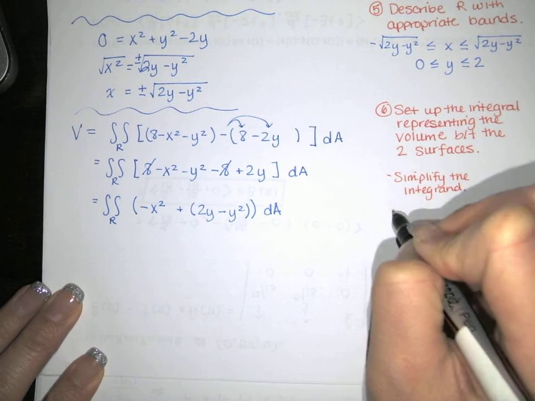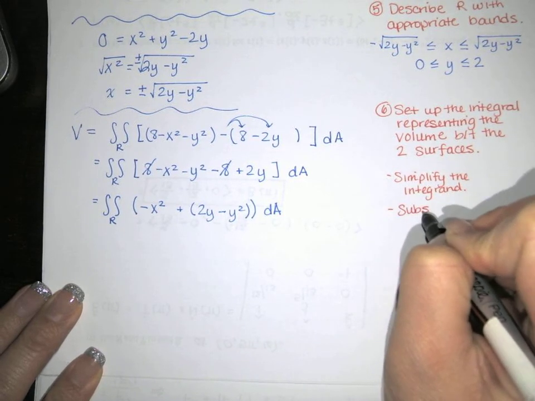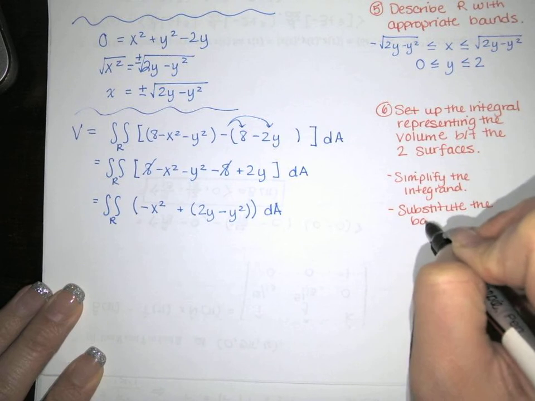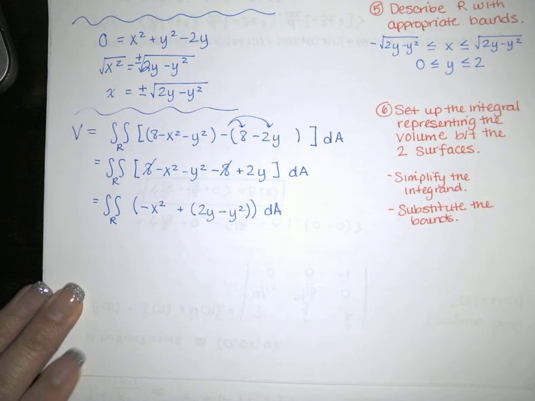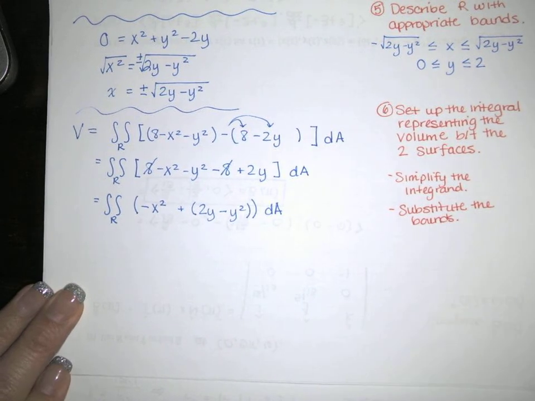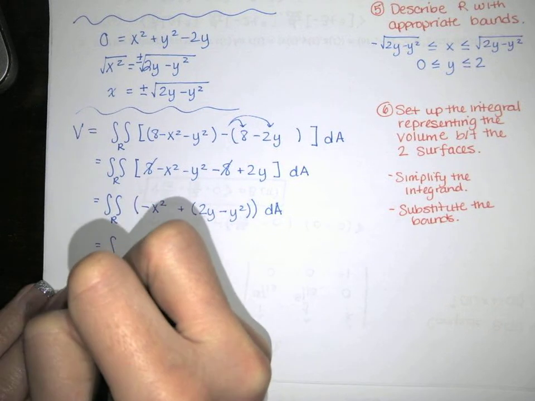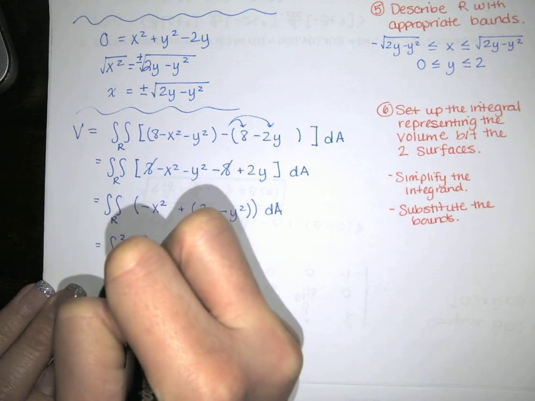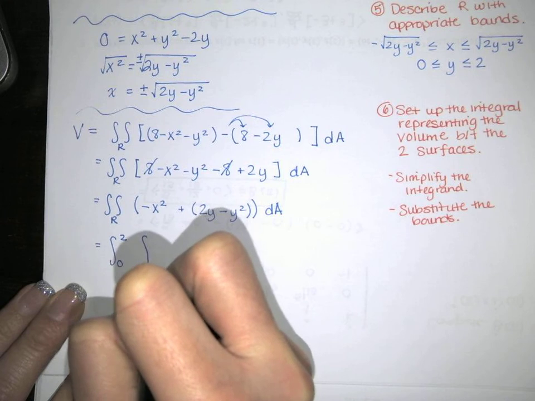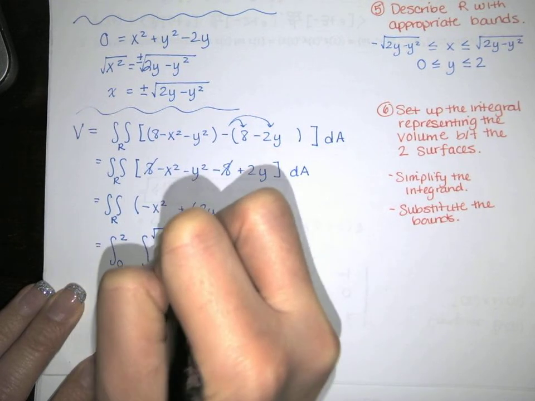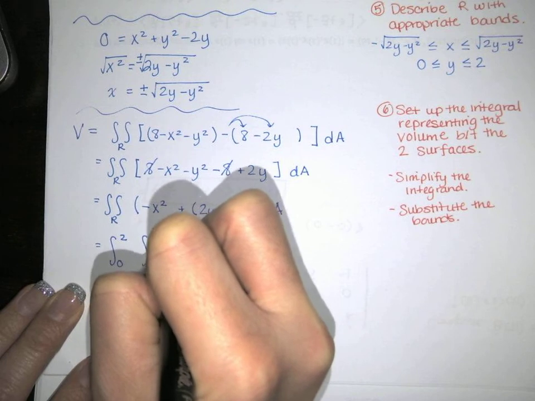So we simplified the integrand. Now we're going to substitute the bounds. We have the integral from 0 to 2 of the integral from the negative square root of 2y minus y squared to the positive square root of 2y minus y squared.